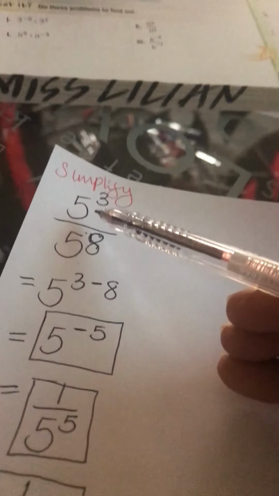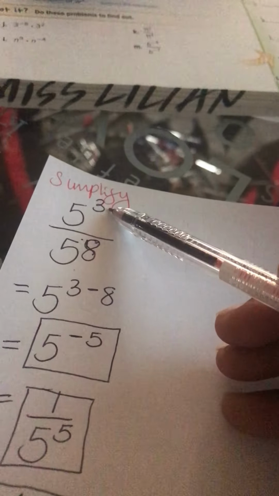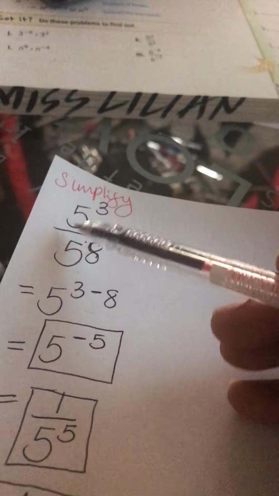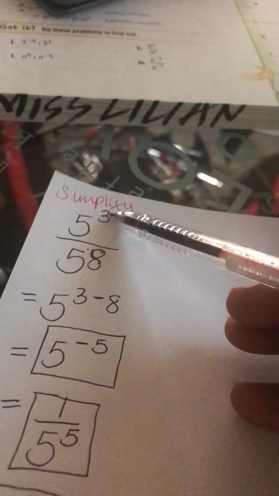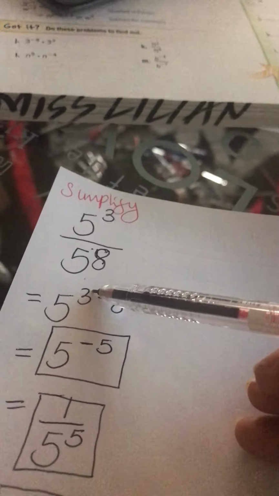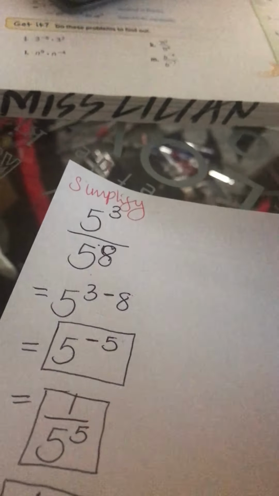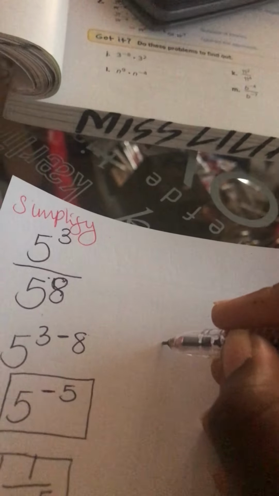All right. Let us look at this one. We have 5 to the 3rd power divided by 5 to the 8th power. My bases are the same. I will subtract my exponents. 5 to the 3rd power minus 8 becomes 5 to the negative 5th power. How do I know?